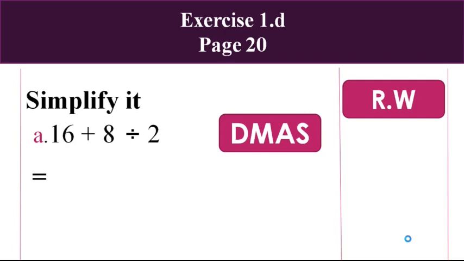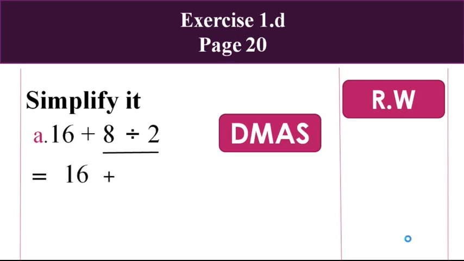Let's find out the division sign. We have to find out between which two digits the division sign is. Here the sign of division is between 8 and 2, so we have to underline it first. Now the rest of the question will remain the same, and we do the division part first.